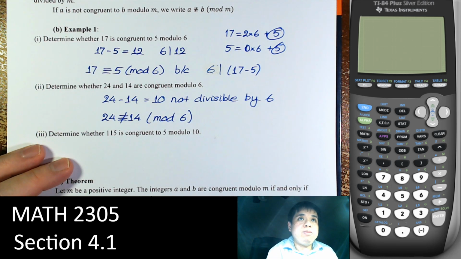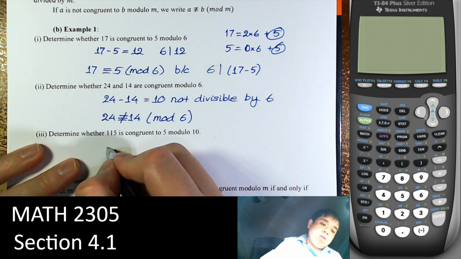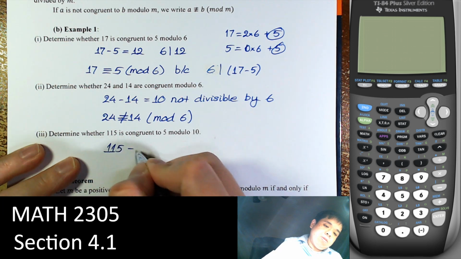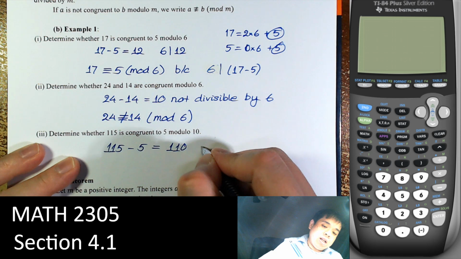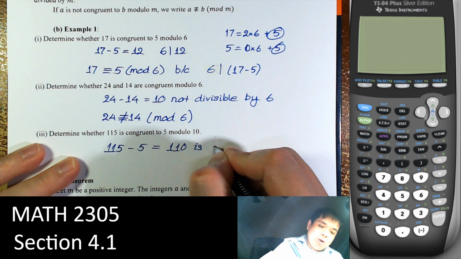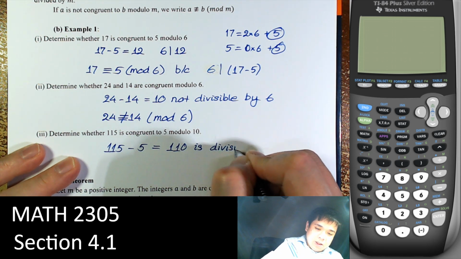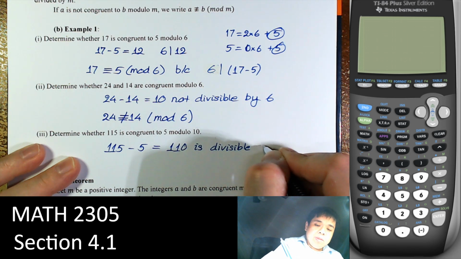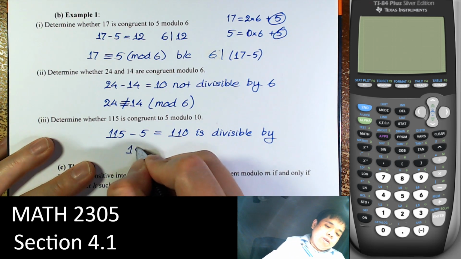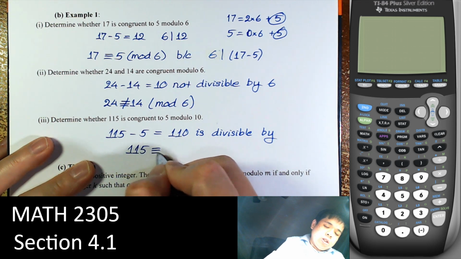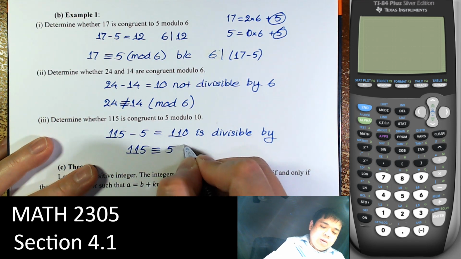Determine if 115 is congruent to 5, so we just subtract them. And we have 110, and that is divisible by 10. So we say 115 is congruent to 5 mod 10.